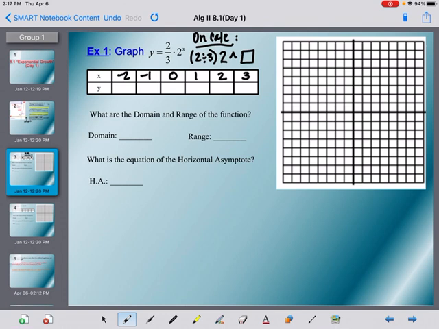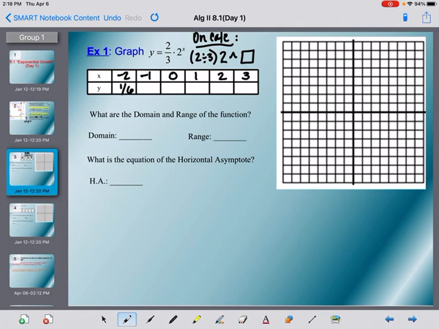So when x is -2, 2 to the -2 power actually makes a fraction, because remember, with negative exponents, we move the base down to the bottom. So 2 to the -2 would really be 1 over 2 squared, or 1/4. And then if you took 2/3 times that, you're going to end up with 1/6.